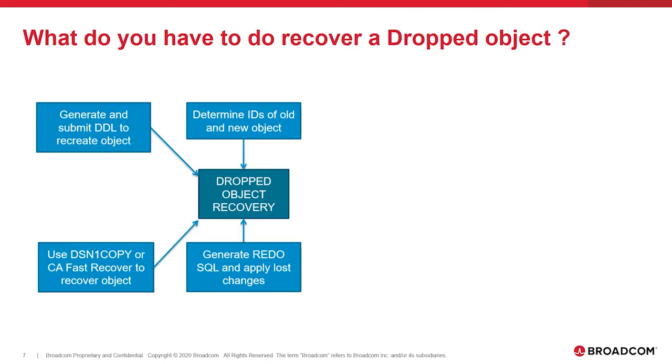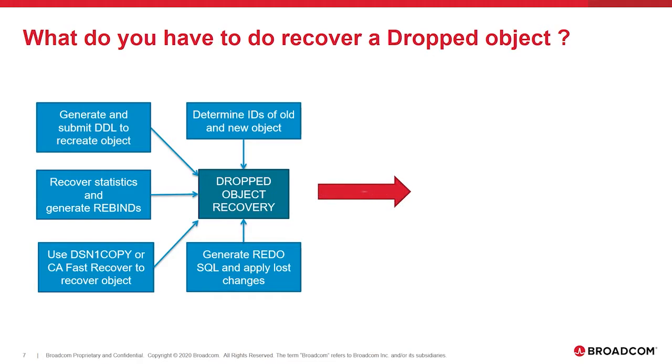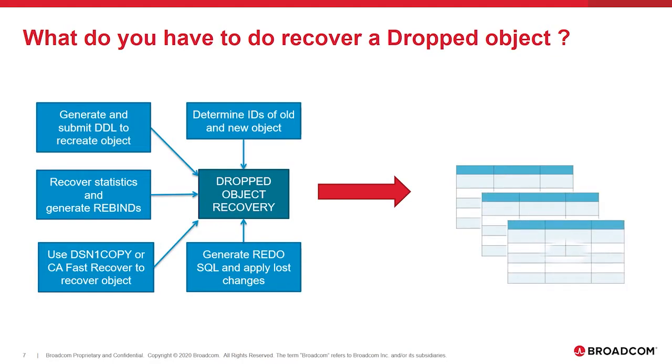The next step is to generate the data changes from the log and apply them to the recovered object. Finally, you have to recover the statistics and rebind the affected packages. All these steps can be done automatically by a single CA Log Analyzer job. After that, you will be able to recover your database, your tables.